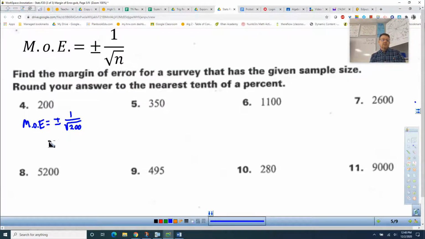So this is equal to 0.071, but they said they wanted it to the nearest tenth of a percent. So we're going to move the decimal over 2 places, and that's going to end up being plus or minus 7.1%. Okay.